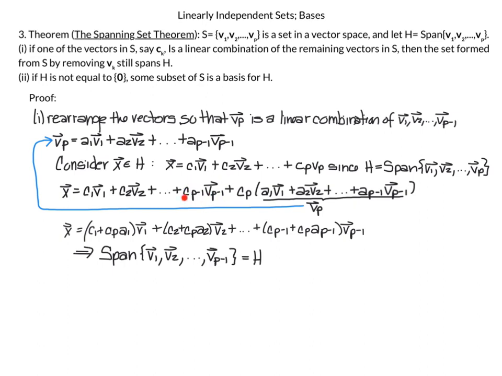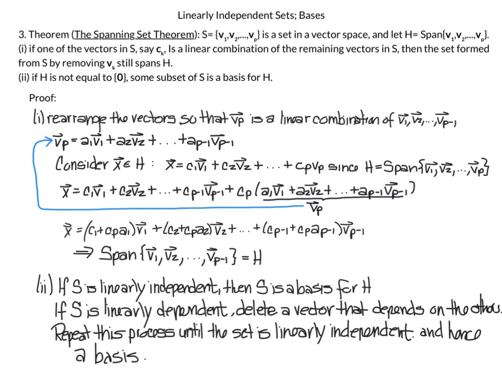And we do that all the way up to (C(P minus 1) plus CP times A(P minus 1)) times V(P minus 1). So now we have x as a linear combination of our P minus 1 vectors. And since x was arbitrarily chosen from H, that means that the span of V1 up to V(P minus 1) spans the whole space H.